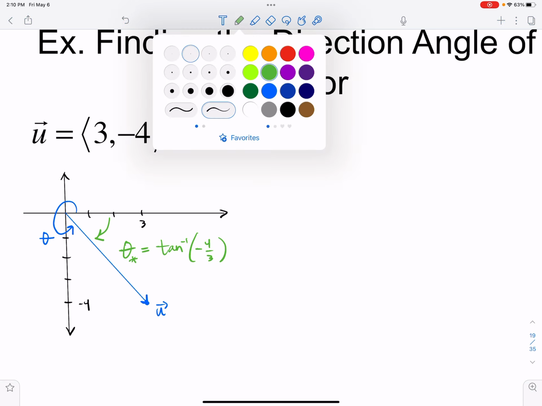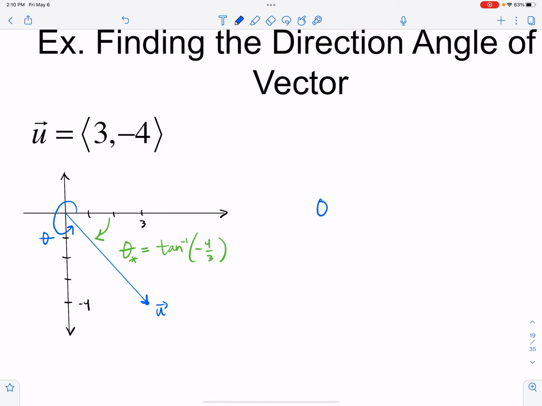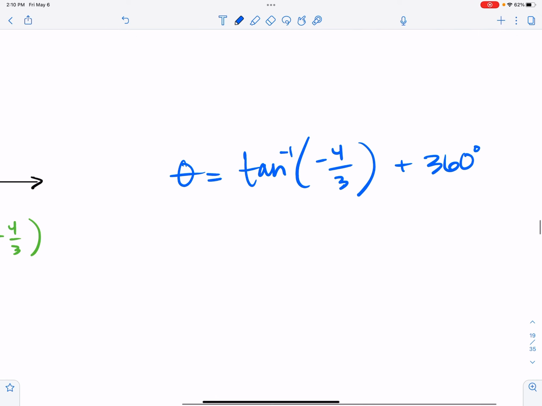So theta is actually coterminal with theta star in this case. We can find the exact value of the actual angle by adding 2 pi or adding 360 degrees to the inverse tan of that negative ratio. I'm going to think about adding 360 degrees. A lot of times with vectors, we're using angles in degrees, just so we can wrap our brains around it better.